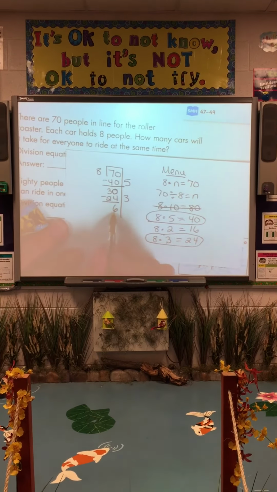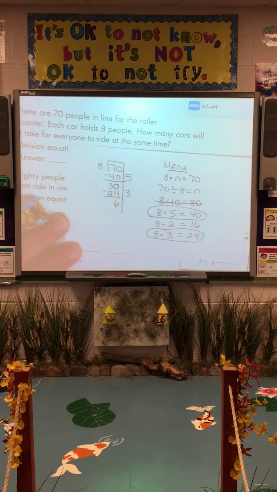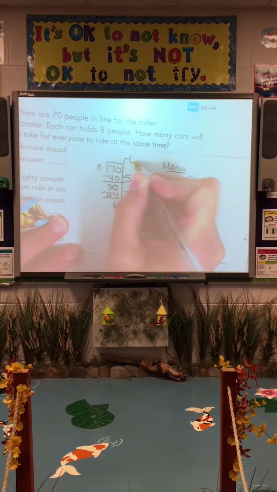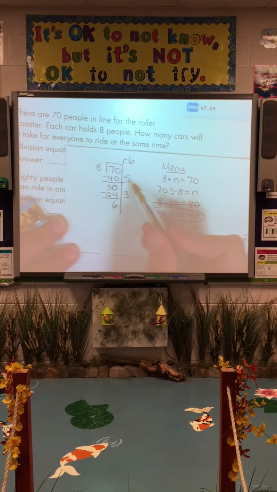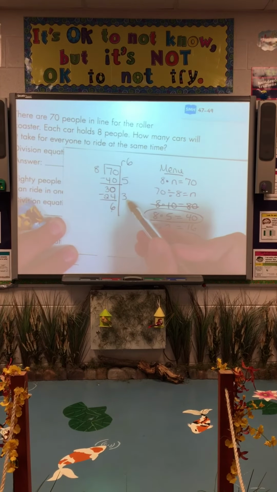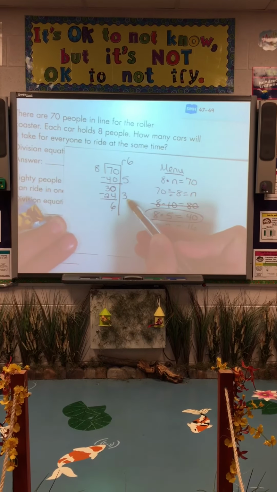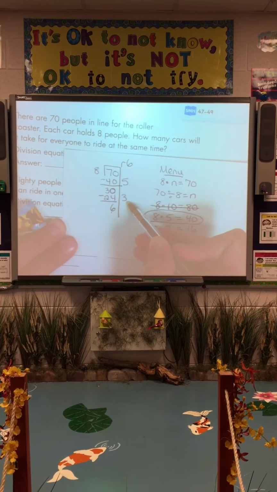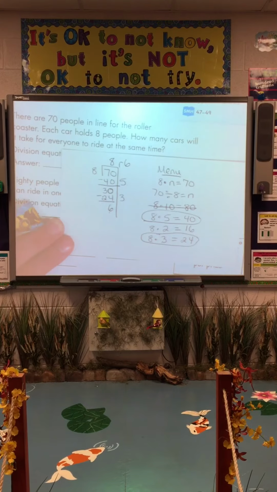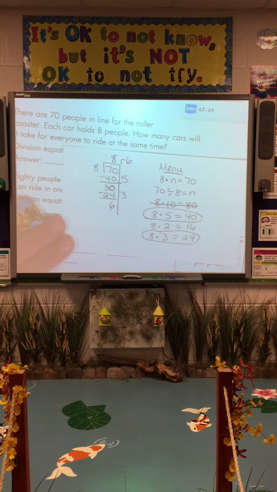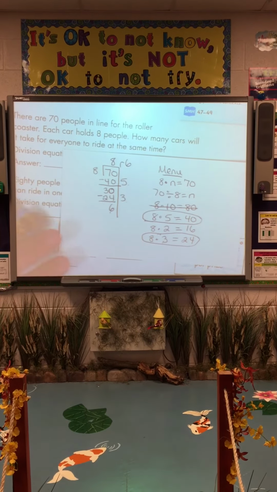So I know that 6 is going to be my remainder. Now I'm going to look at my partial quotients. I took out 5 groups of 8 and then 3 groups of 8. So altogether I took 8 groups out, and I have a remainder of 6.